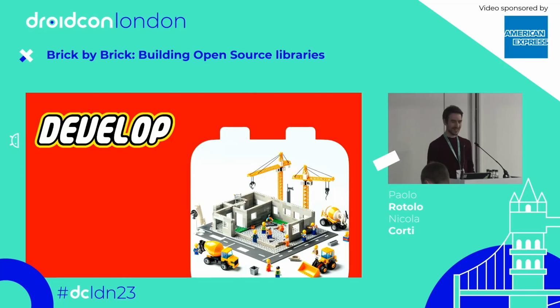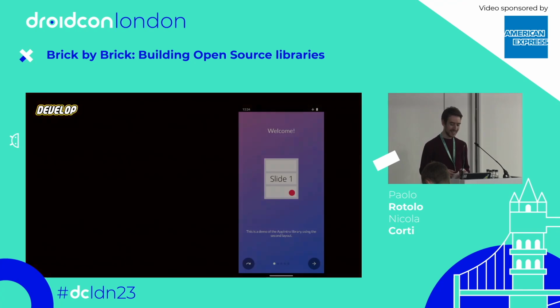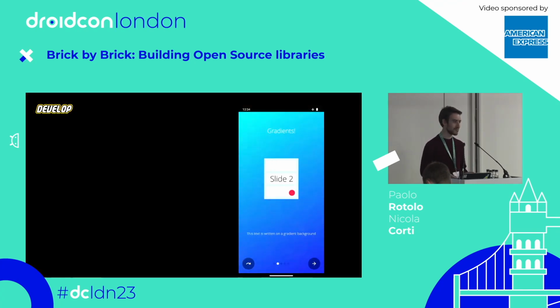Thanks, Nico. So in this part of the presentation, you're going to see a lot of snippets of code from AppIntro. So I decided to start by introducing you to AppIntro, which, as Nicola said, is a library that I decided to make in 2015. And I needed it for an Android app that I was developing at the time.